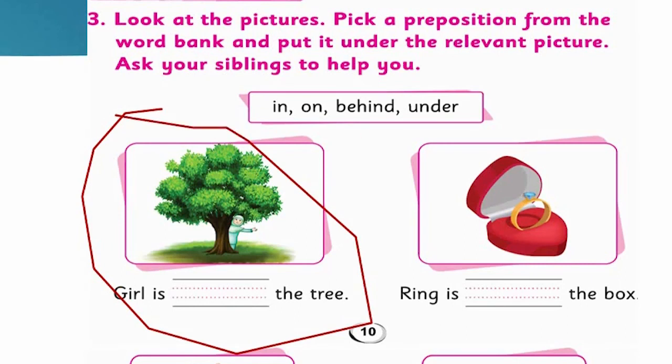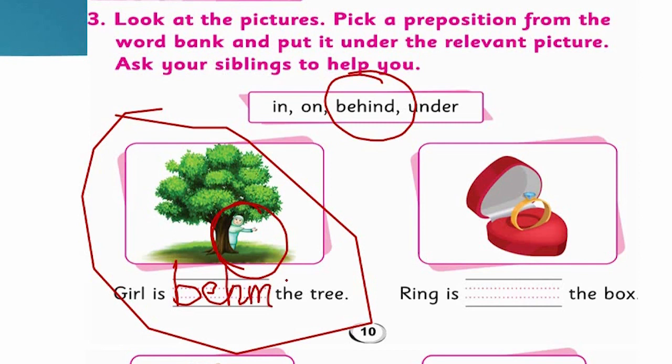The girl is... Can you spot the girl in the picture? Yes. The girl is behind the tree. So you can write the word behind on the blank. Please follow the 4-line instructions and write it neatly.